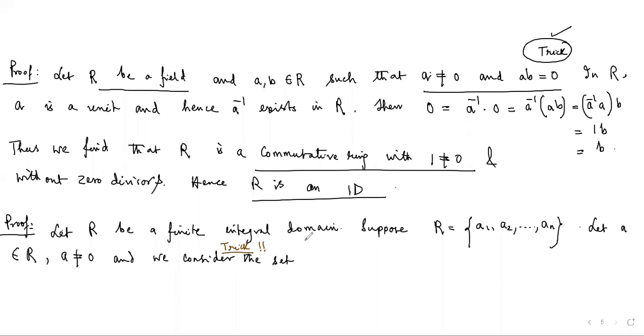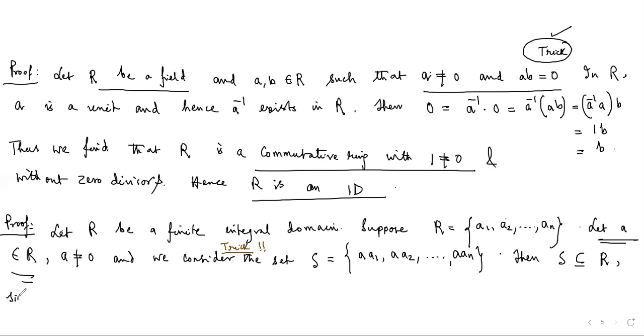So we consider the set S, which has been constructed by considering the elements a a1, a a2, dot dot dot, a an. a is an element from R. So a1, a2, up to an are the elements present in R. Now it is obvious that this set S is a subset of R.